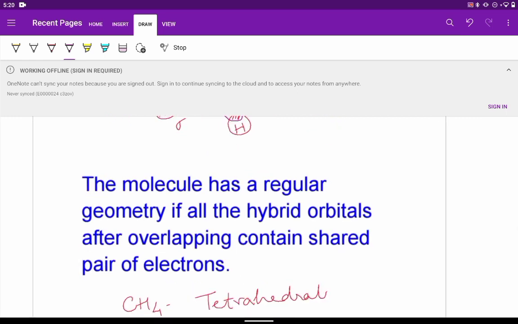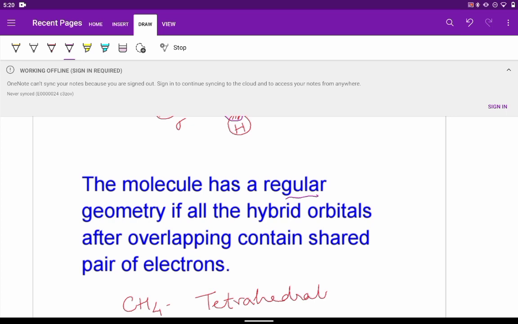Now after the bond formation, the molecule will have a regular geometry if the hybrid orbitals after overlapping have shared pairs of electrons. See, there are two possibilities. There may be shared pairs of electrons, as we find in methane.